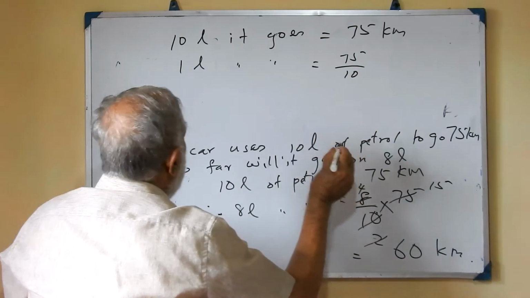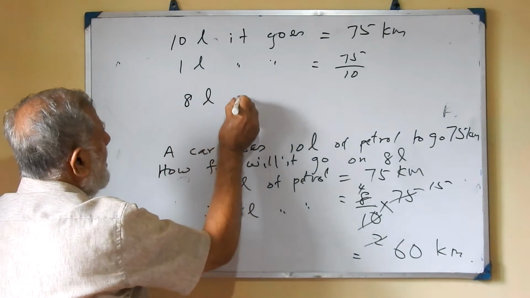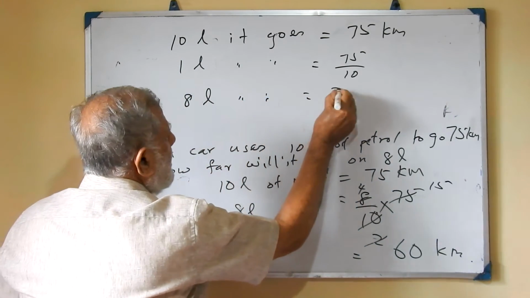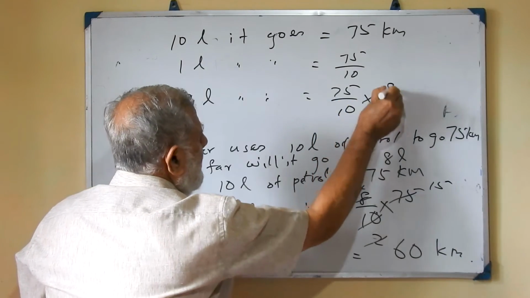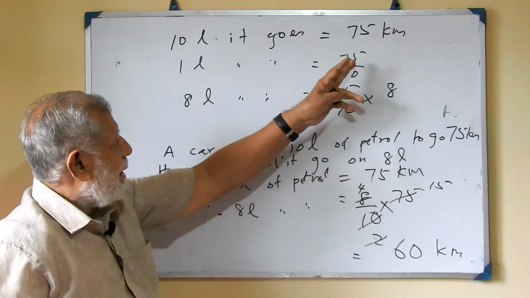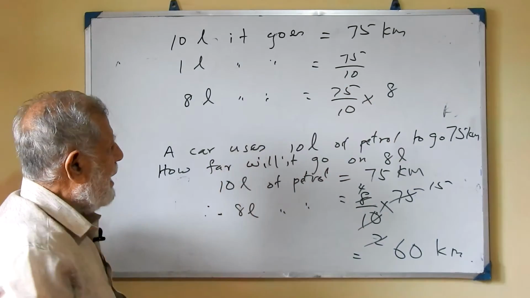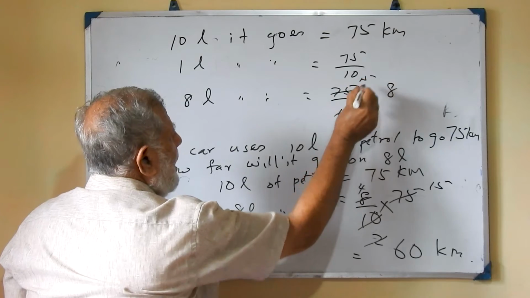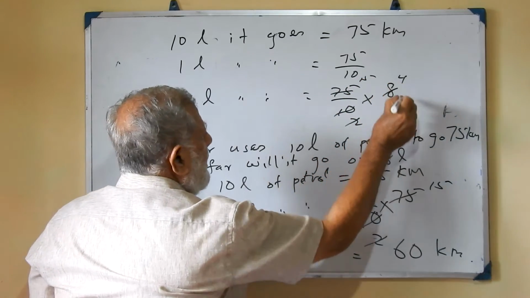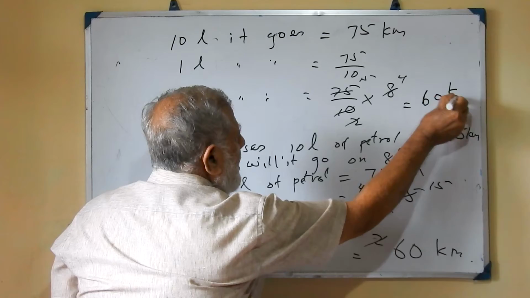You keep it like this. Therefore 8 liters it goes 75 upon 10 into 8. This is for 1 liter, so for 8 liters you multiply by 8. So 5 times 2, 5 times 15, and here 4. That is equal to 15 times 4, 60 kilometers.